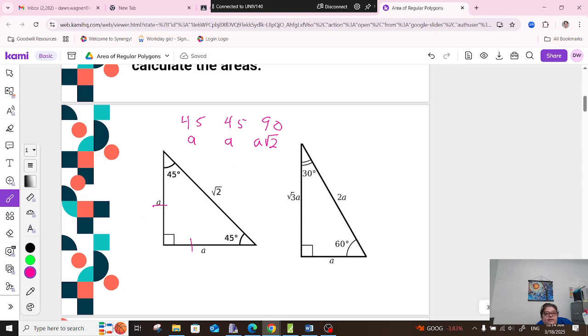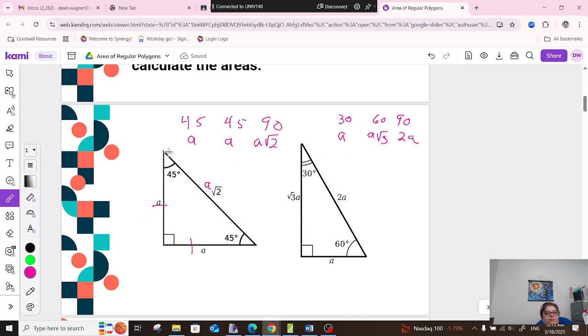Two sides are the same, and you take that small side and multiply it by square root 2. Over here, we have 30, 60, 90. Across from the 30 is a, a square root 3, and 2a, right?